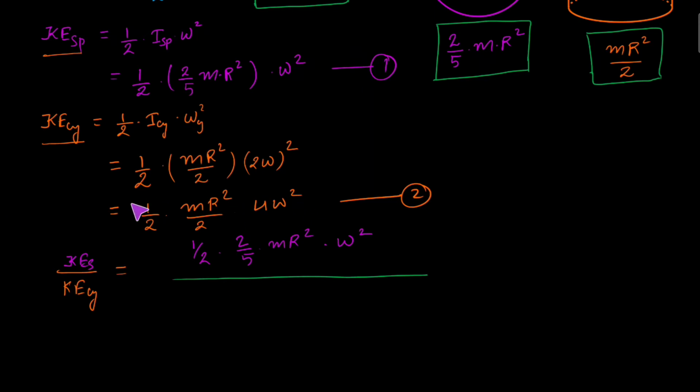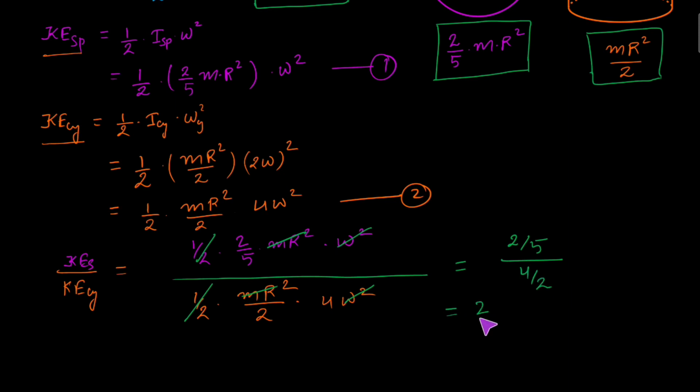In the denominator I have to write equation number 2, which is half mr square divided by 2 into 4 omega square. Now we will cancel the terms which are common. So this half and half get cancelled, mr square and mr square get cancelled, and omega square and omega square get cancelled. So the ratio of rotational kinetic energy of the sphere to the rotational kinetic energy of the cylinder would be equal to, in the numerator I have 2 by 5, and in the denominator what is left is 4 by 2.